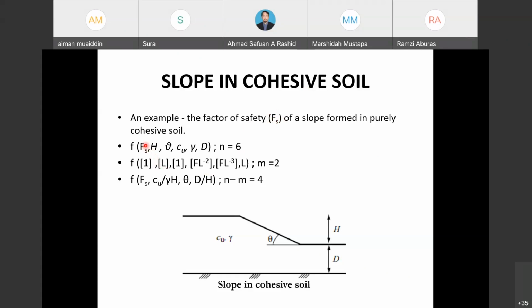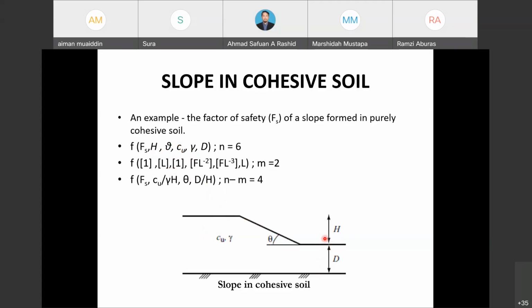Then the inputs that normally are used to examine the stability of a slope in purely cohesive soil are: h, which is the height of the slope; theta, which is the angle of the slope; cu, which is the undrained shear strength of the soil; gamma, which is the unit weight of the soil; and d, which is the distance between the toe and the hard layer.